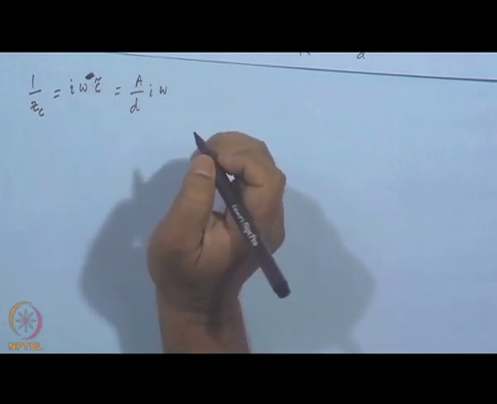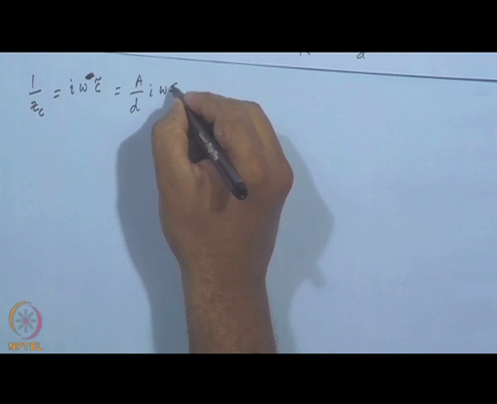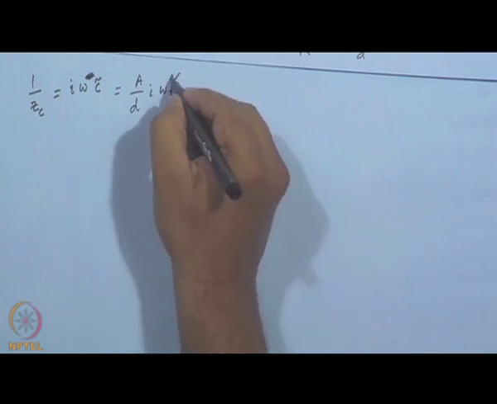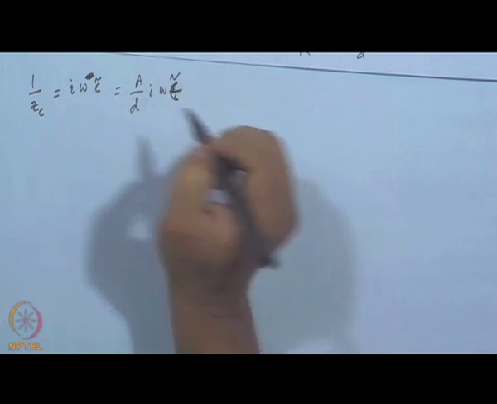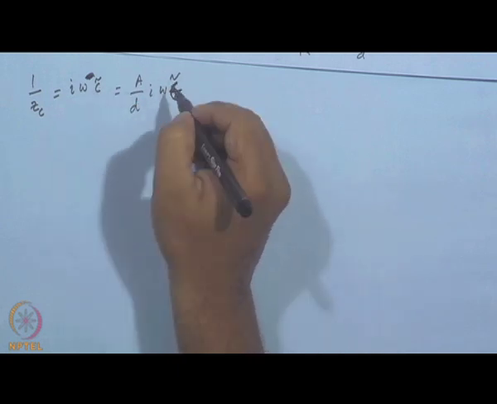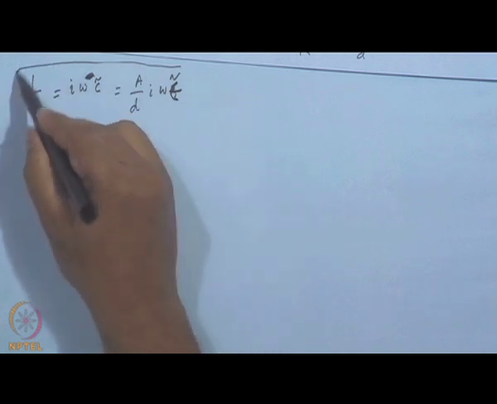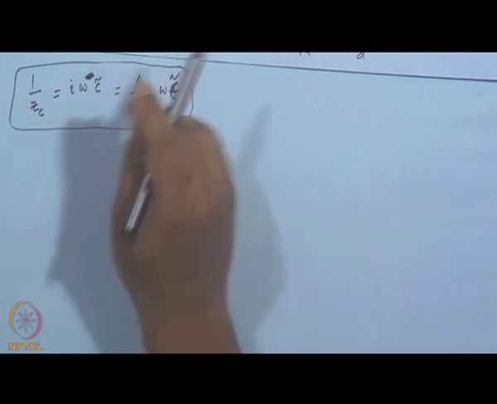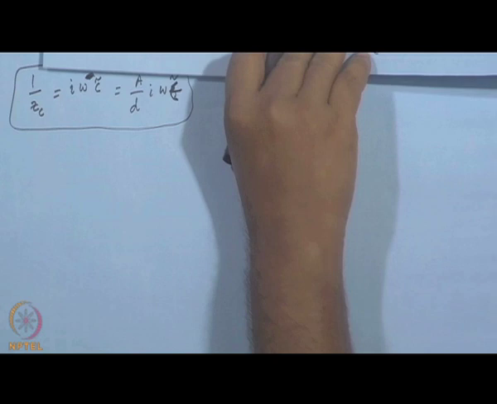I put a tilde here to define these as a complex capacitance or complex permittivity. So, if one wants to define capacitance that way, that is also possible.